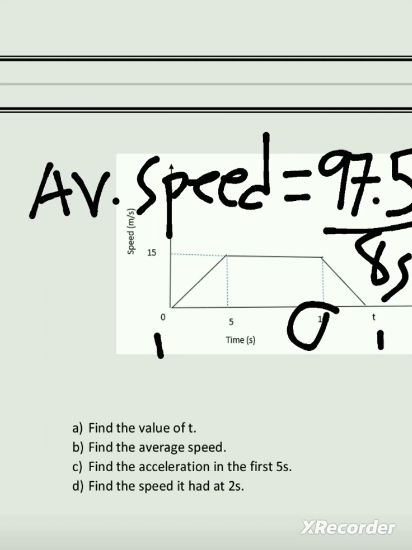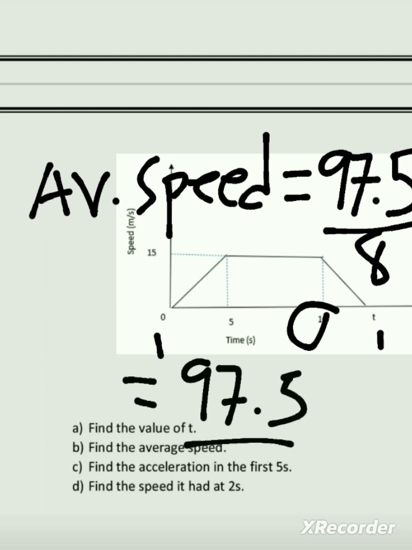So you can manipulate. How do you simplify this further? Okay, so let me just do this. It's 97.5 over 8.